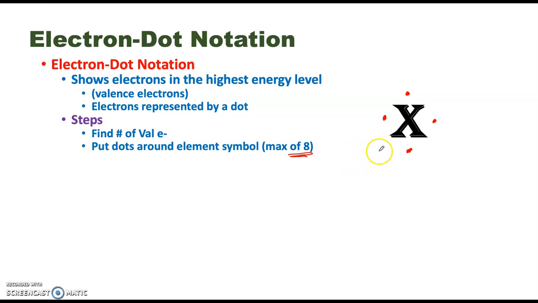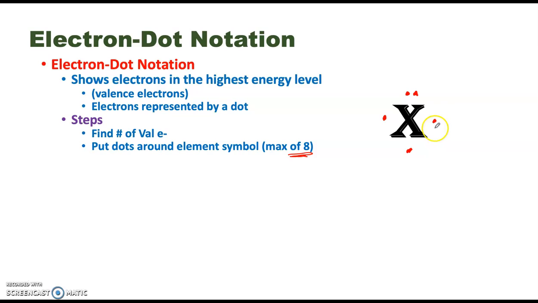Now if you have more than 4, there's only 4 spots, so all 4 spots are full. So now we have to pick any one of these and double it up for our 5th electron. I could double up the top, I could double up the bottom. Doesn't matter how I arrange them, as long as I have a pair and 3 single dots around my atom. I could have my pair on this side and my 3 single dots here.